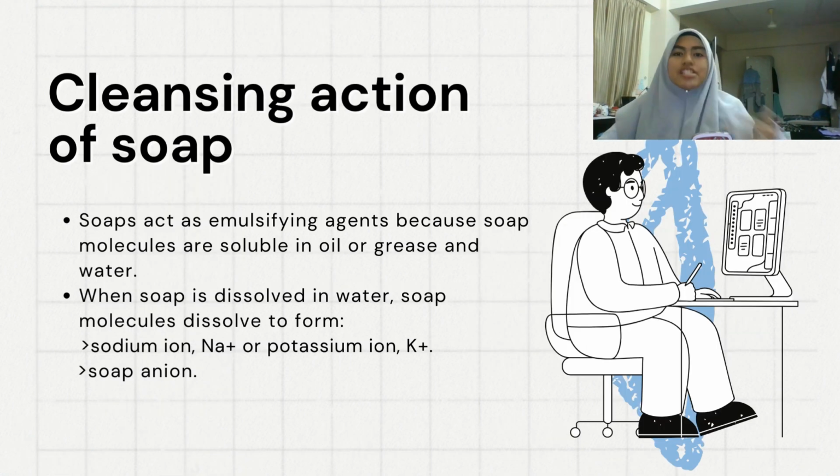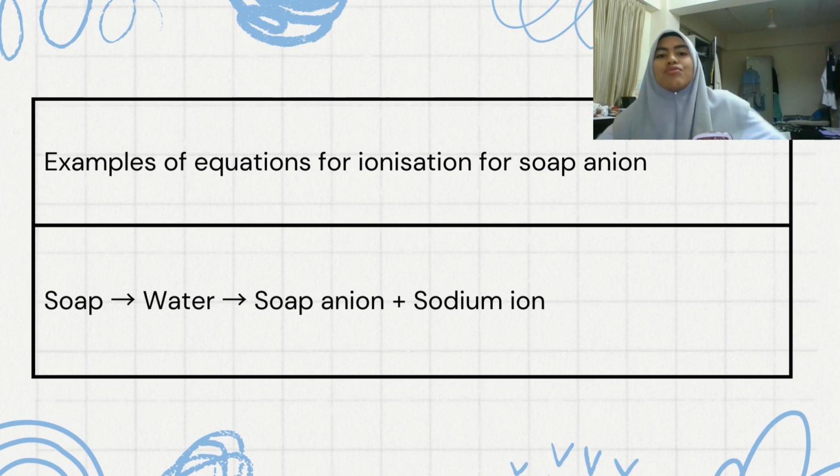The cleansing action of soap: soap acts as an emulsifying agent because soap molecules are soluble in oil or grease and water. When soap is dissolved in water, soap molecules dissolve to form sodium ion Na+ or potassium ion K+, and soap anion. The equation for ionization of soap is soap plus water becomes soap anion plus sodium ion.